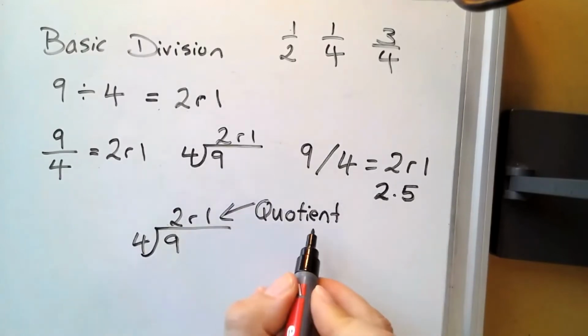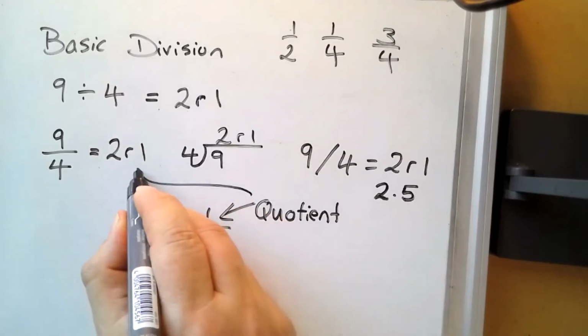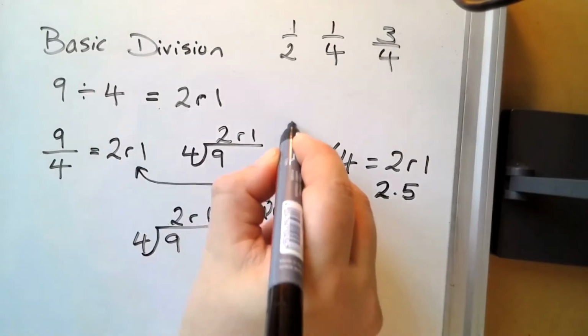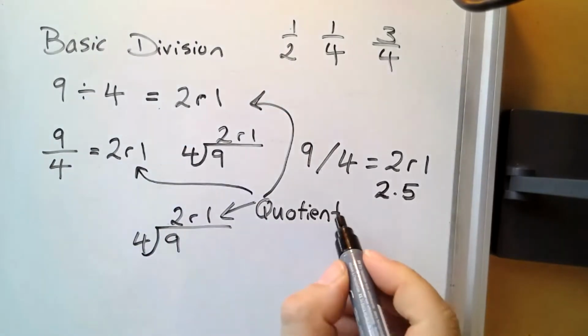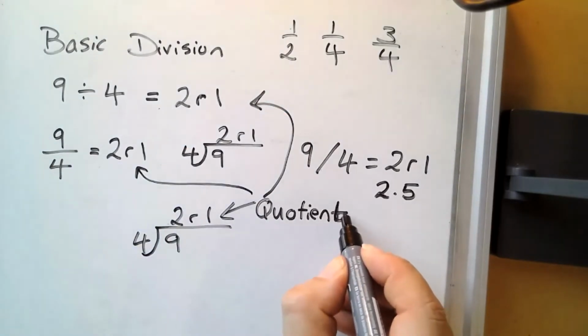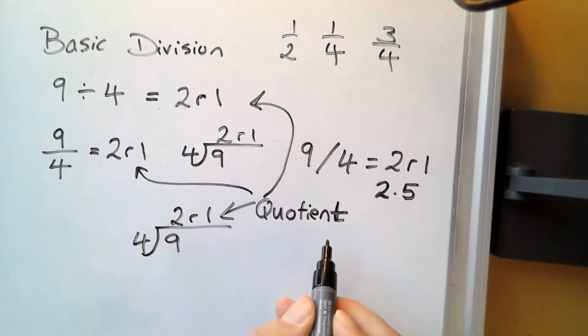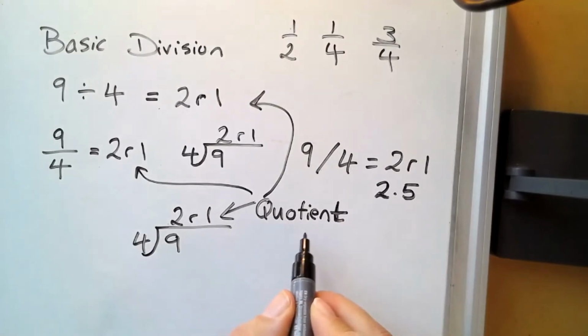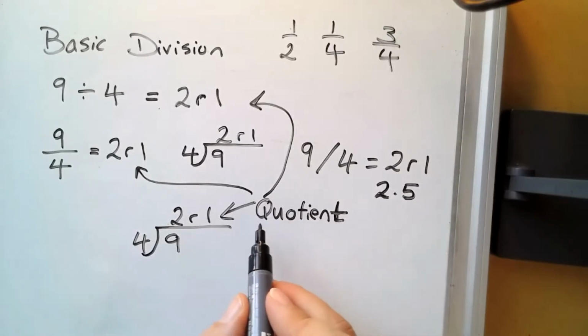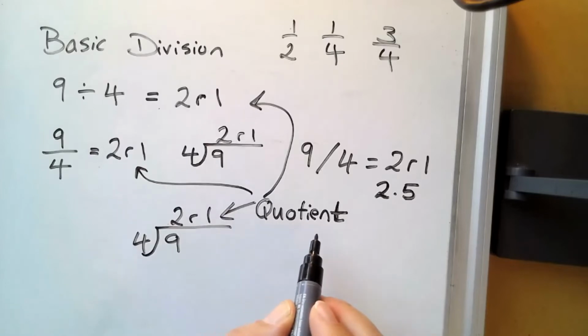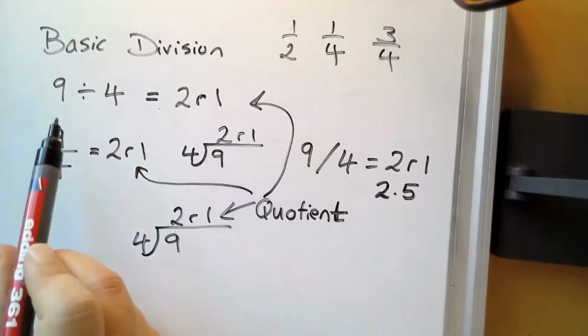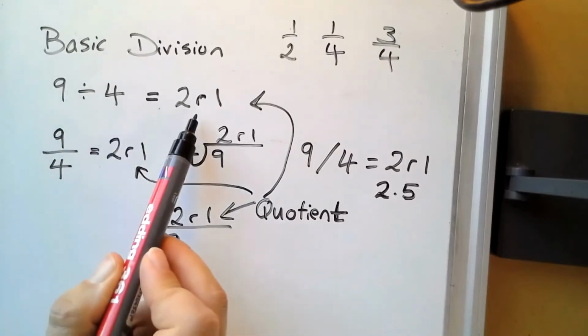This is like the answer to our division question, the quotient, the answer. And that's the key word that I want you to remember. I'm going to give you 2 other words, but the quotient is the one that you are likely to use most often. Sometimes test questions say, find the quotient of 9 and 4. And that basically means you have to find 9 divided by 4 and find the answer.